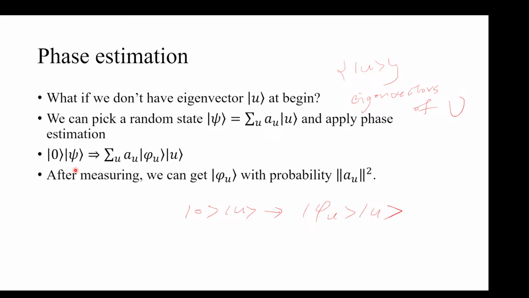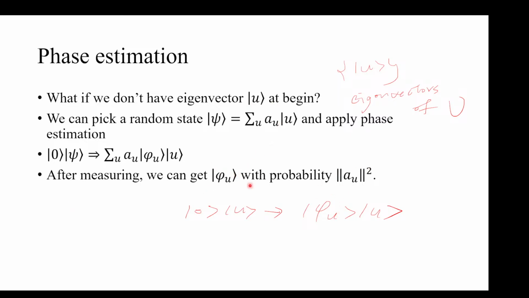And if you measure the first register at the end, you are going to get different psi u, with different probabilities that correspond to the amplitude squared here. Okay, and so you can get a random eigenvalue.